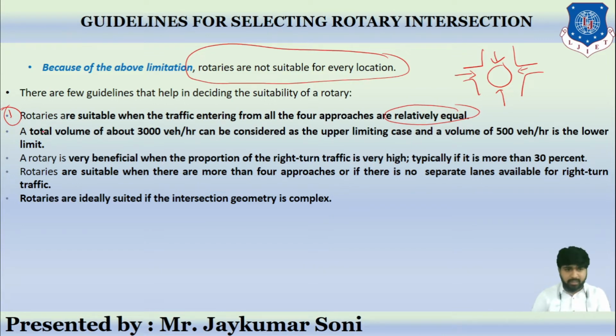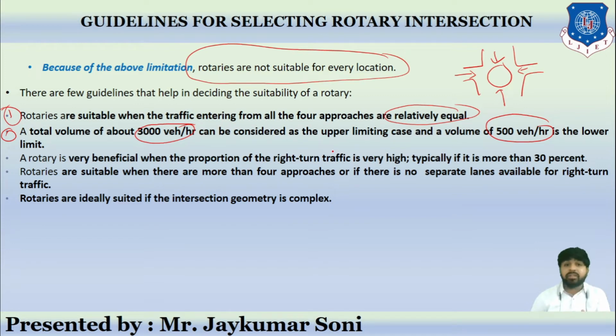The second criterion is that a total volume of about 3000 vehicles per hour can be considered the upper limit, and 500 vehicles per hour the lower limit, if you want to provide a rotary intersection. So the traffic should be in the range of 500 vehicles per hour to 3000 vehicles per hour.